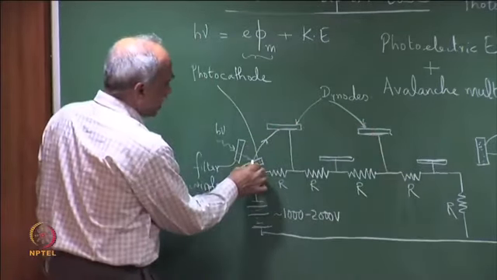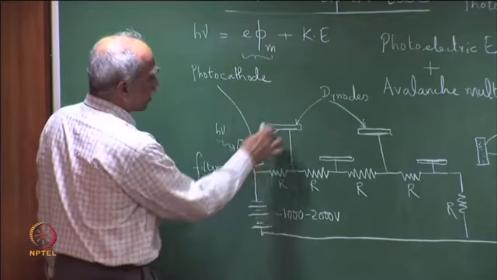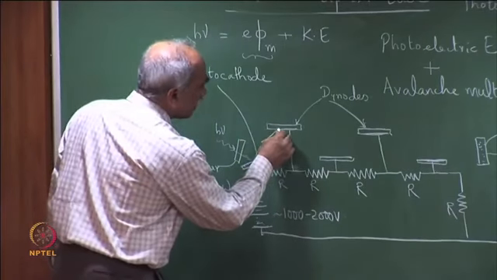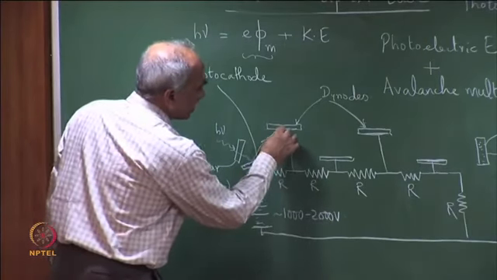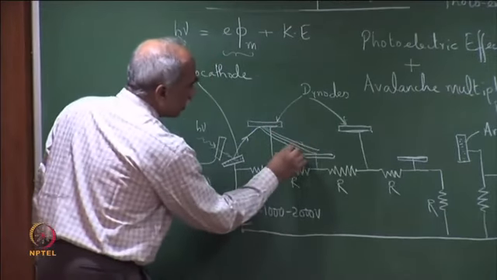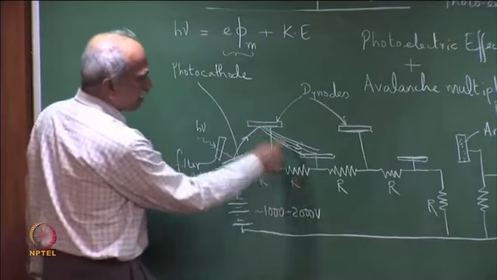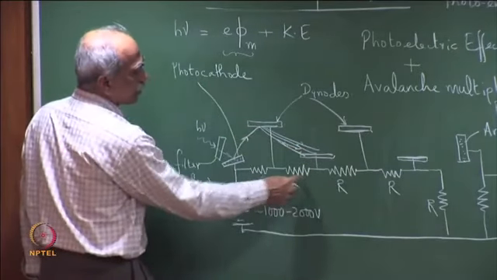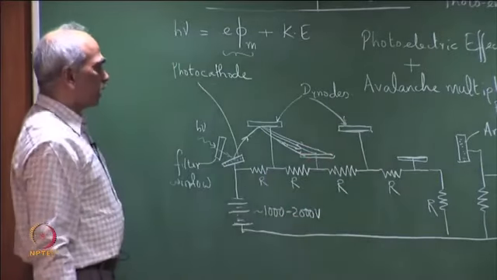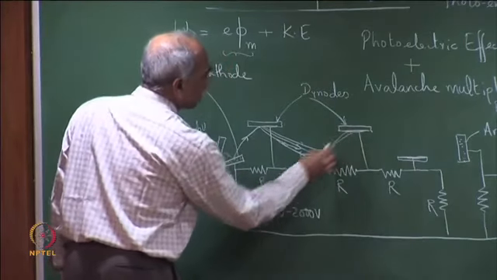The electron gains a large kinetic energy because of the accelerating potential between them, and this leads to release of additional electrons. The released electrons move towards the next dynode because of the potential difference across the resistance, and hit this dynode with certain kinetic energy, leading to further avalanche multiplication.